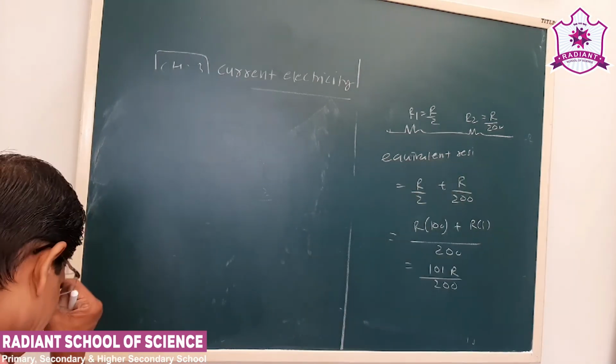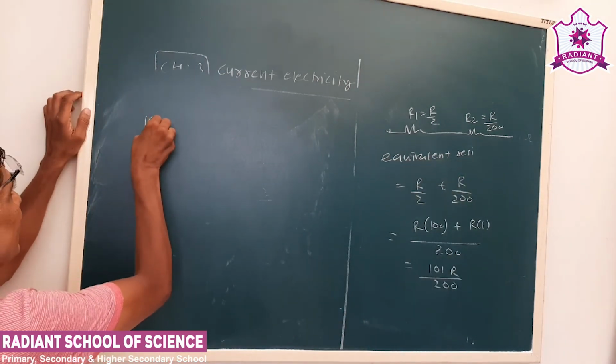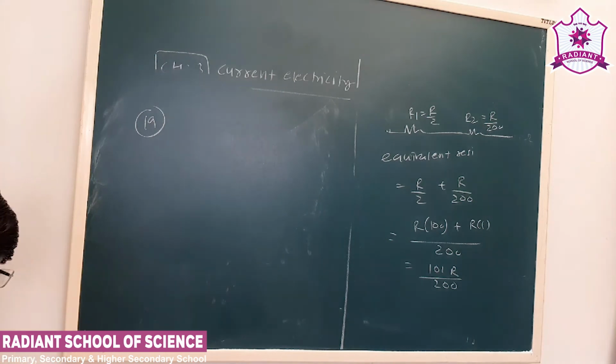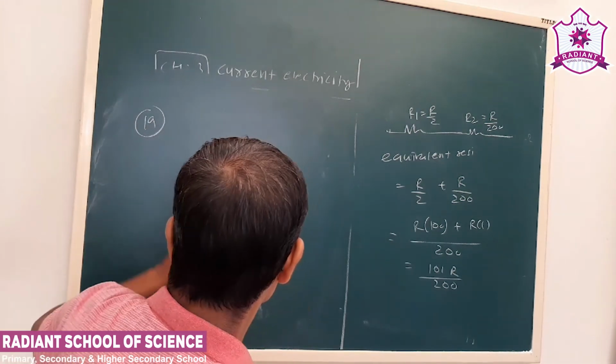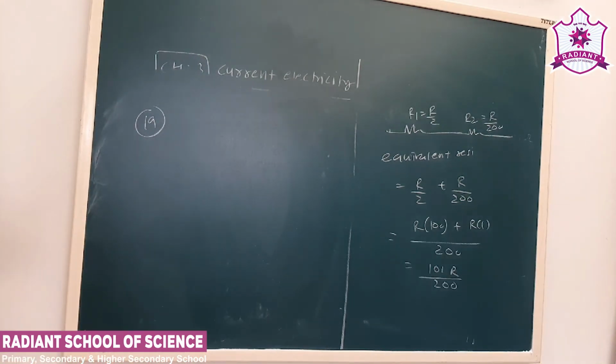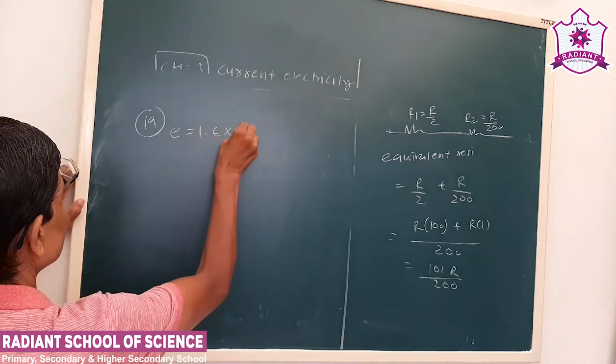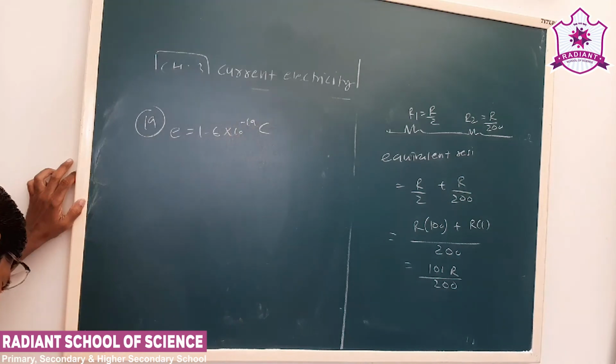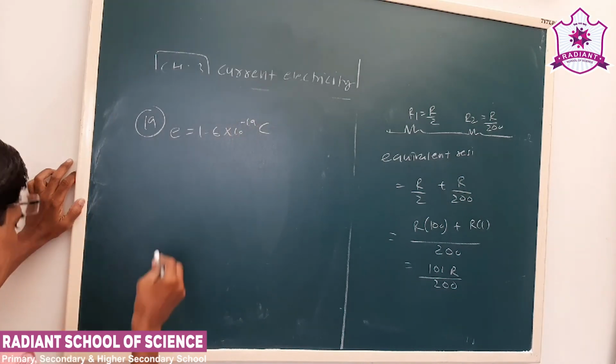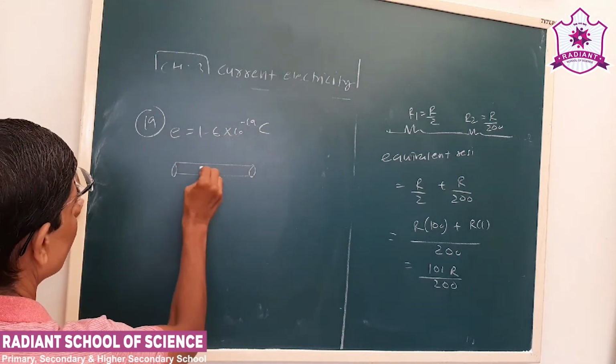Now see, next MCQ is number 19. What is the time taken by an electron to move? The electron charge is 1.6 into 10 to the minus 19 coulomb. There is a copper conductor of length 3 meter.